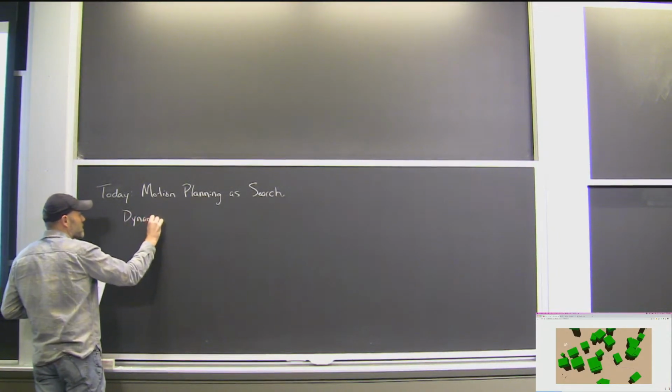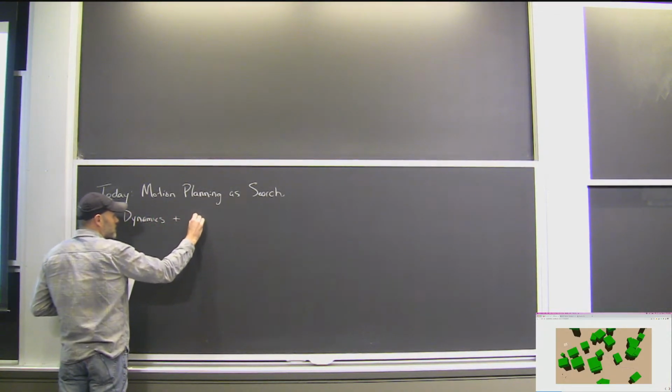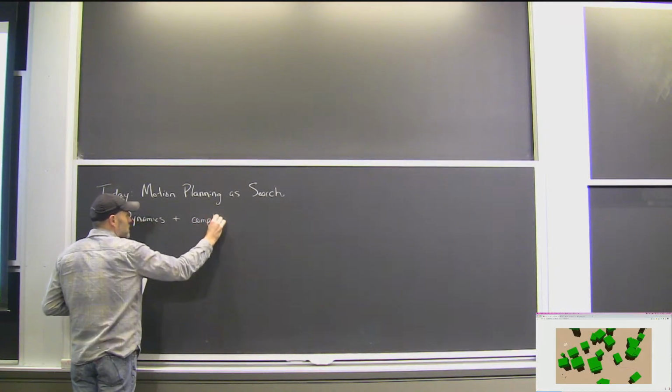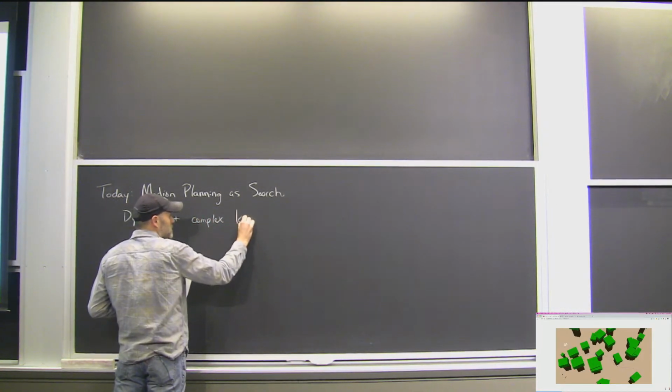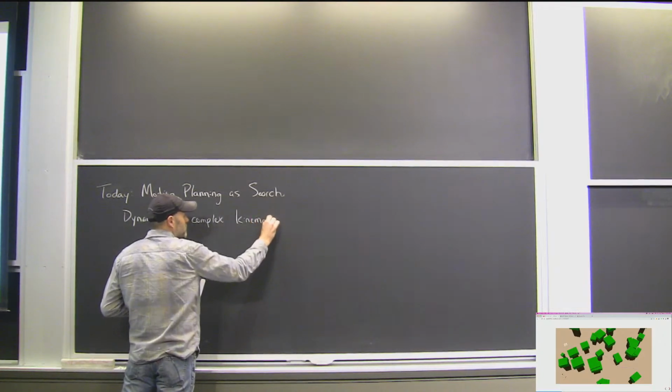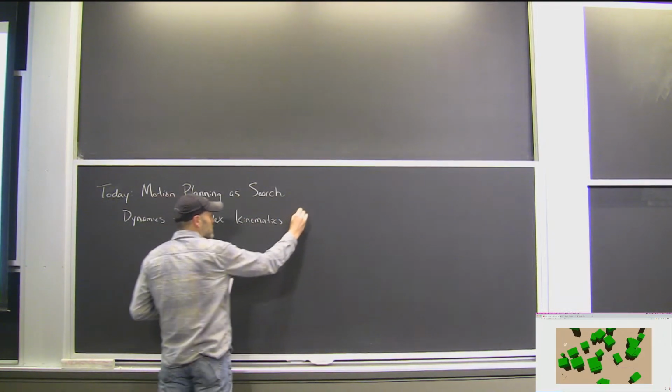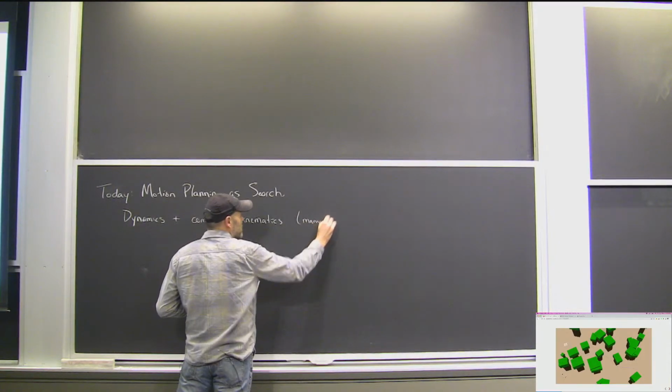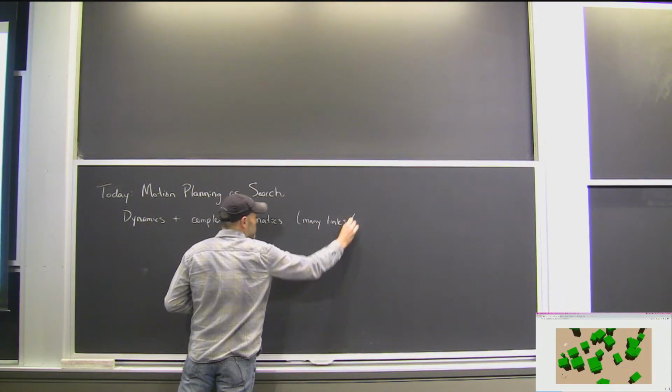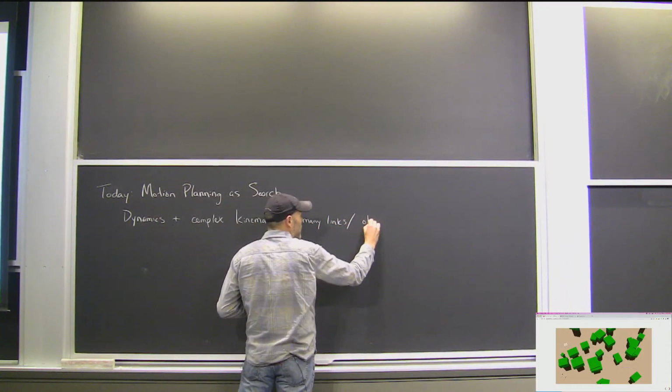We want to get to dynamics plus potentially complex kinematics. For instance, many links, obstacles.